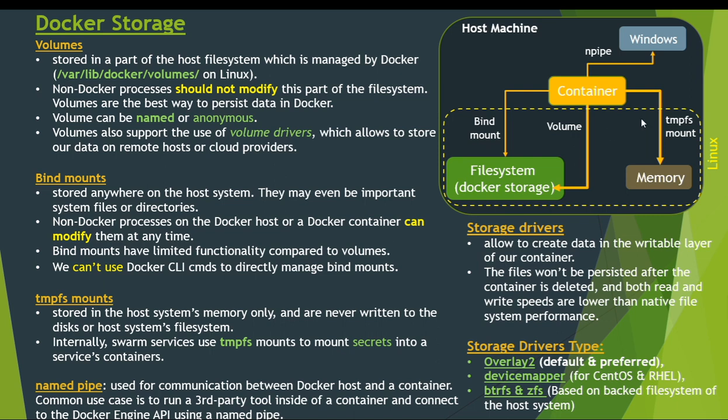We also have a third option, which is tmpfs mount. We'll discuss that later. So we have three options for Linux systems: bind mount, volume, and tmpfs mount. And if we are running our containers on Windows, then we also have an option for that, which is npipe, or named pipe.